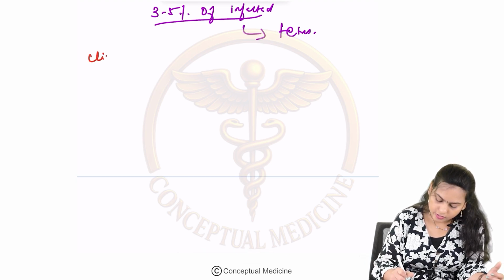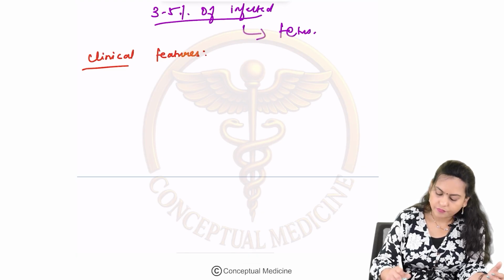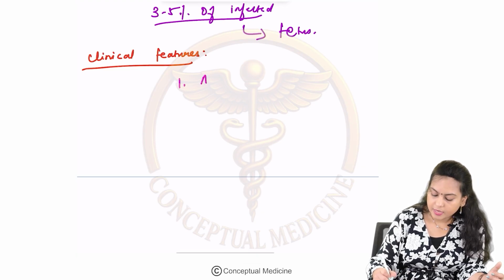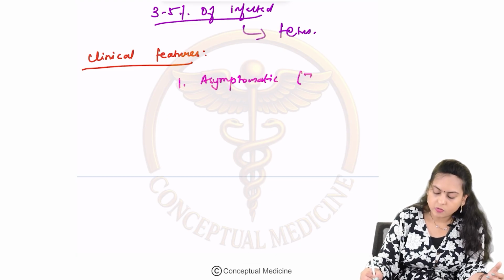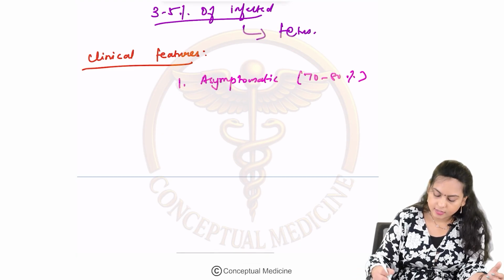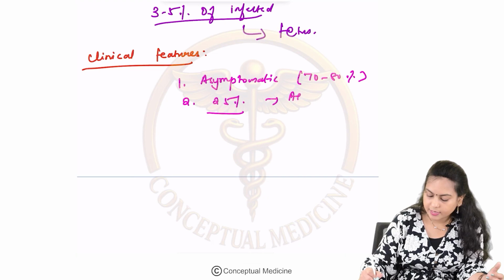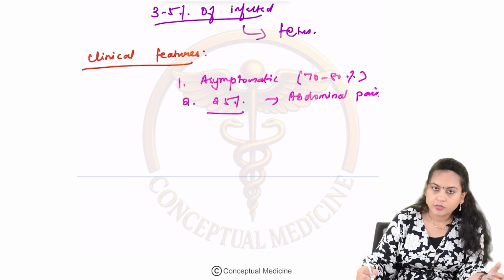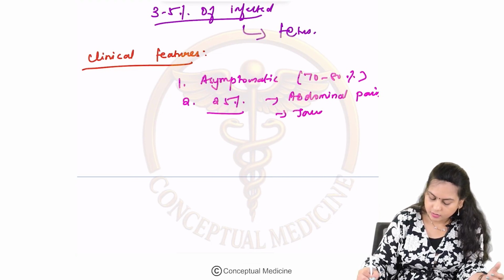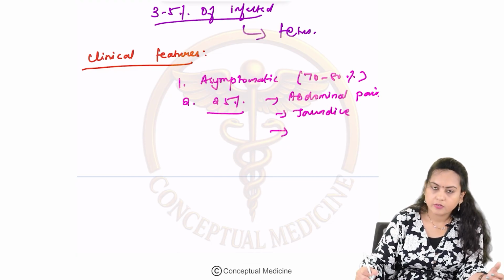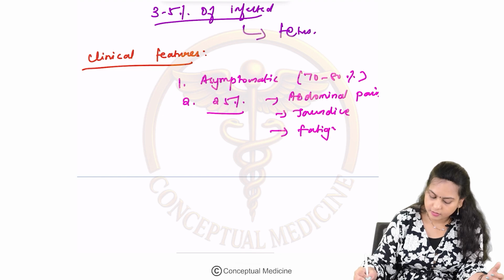So, clinical features, they can be asymptomatic mostly in 70 to 80% of the cases. Then in 25% there can be symptoms like abdominal pain, jaundice or fatigue. Clear?